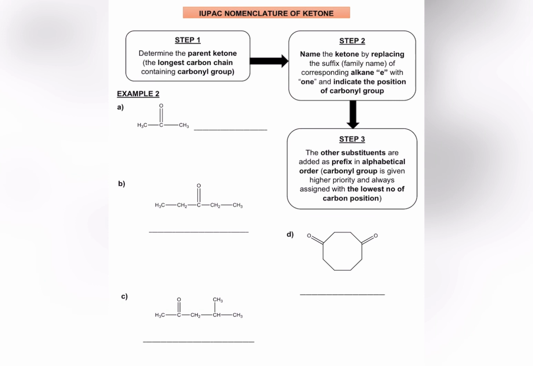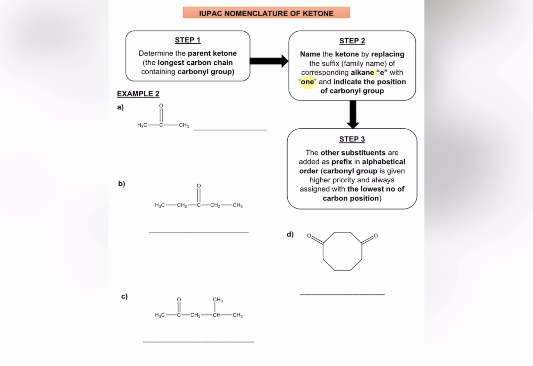Now let's continue with the naming for ketone. For ketone, it's just the same steps, but now you have to determine the parent ketone with the longest carbon chain containing the carbonyl group. And in this case, for the parent name for ketone, the letter E in alkane will be changed to -one.